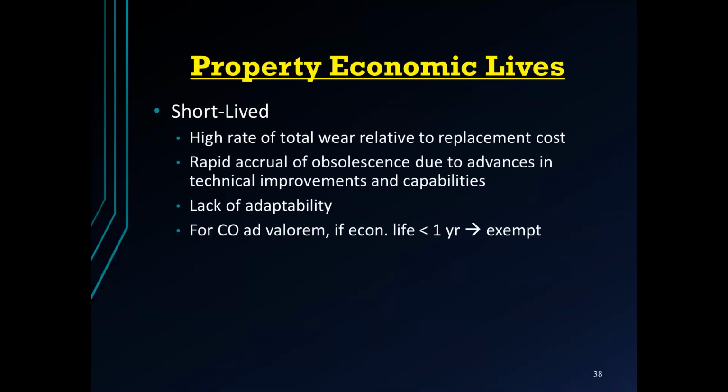And then we have short-lived items. These are properties, personal property that is subject to a very high rate of either wear and tear, so very fast physical depreciation, or very rapid obsolescence due to technical issues. So computers are a good example where you have a relatively short economic life because they become technologically obsolete very quickly.